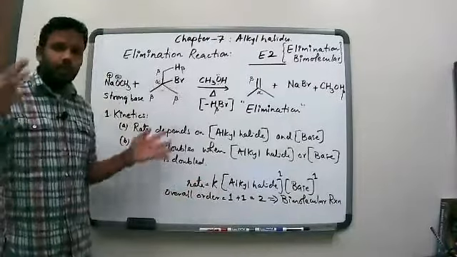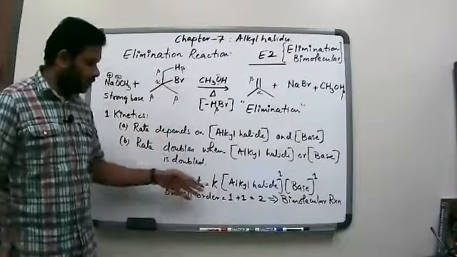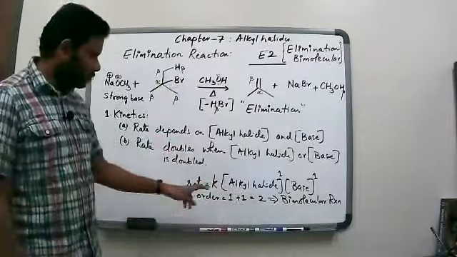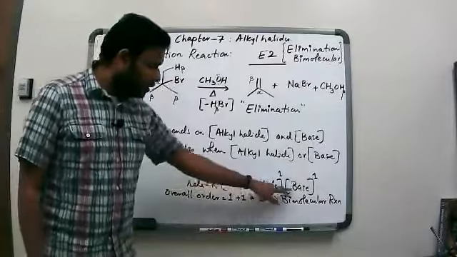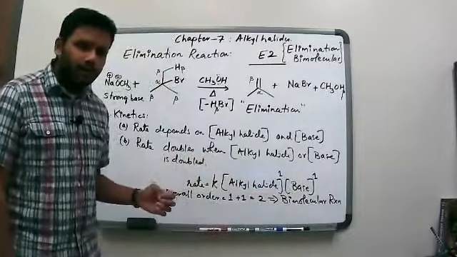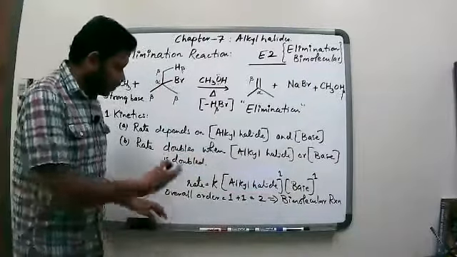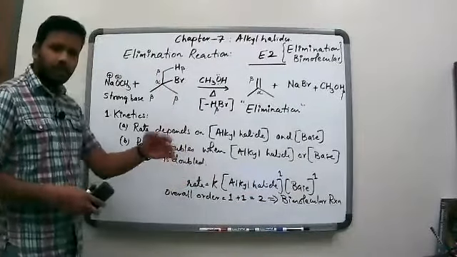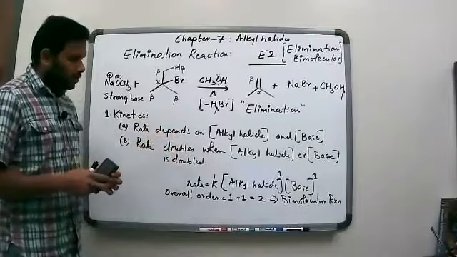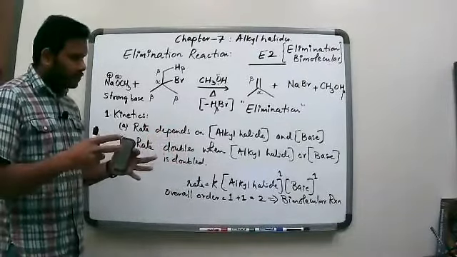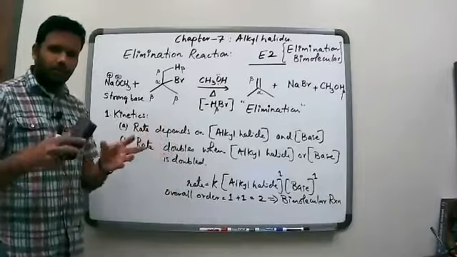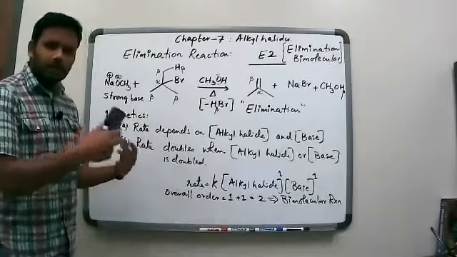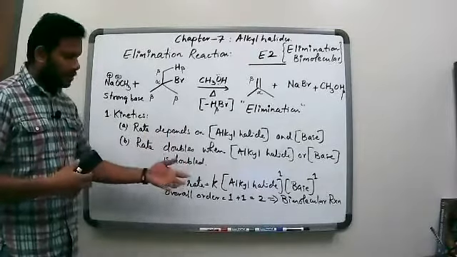I mean, for much bigger reactions, it's a composite of several things, but for a simple reaction, it does tell you something about the rate determining step. So what this is saying is that both the alkyl halide and the base are present in the rate determining step. So based on that and some other evidence, because it's a little bit more complicated, I'm going to make it into small bite-sized pieces, so I'm going to upload a few videos on different aspects of this reaction, but there are some other things that help us understand what the mechanism should be.